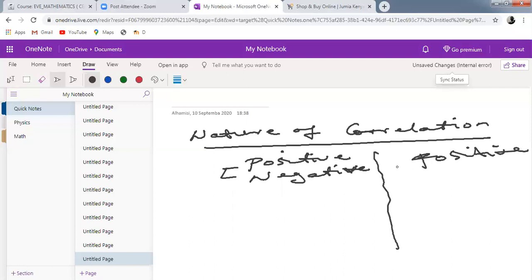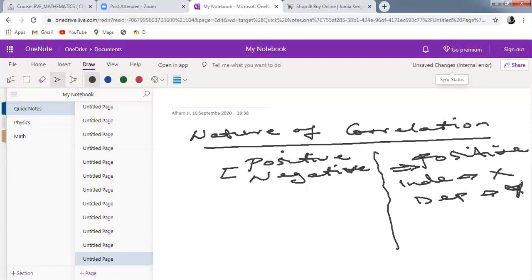The positive correlation will mean the two variables that you are studying. Remember, we talked about the independent variable, which is actually our X, and the dependent variable, which is our Y. When it is a positive correlation, you will find that whenever X is increased, Y will also increase.